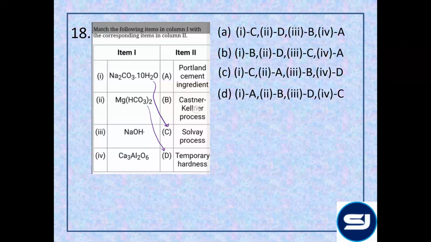NaOH is prepared by the Castner-Kellner cell. And tricalcium aluminate is one of the ingredients of Portland cement. So one matches with C, and two matches with D. So the answer is option A.